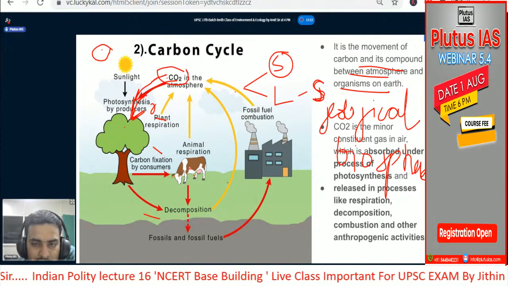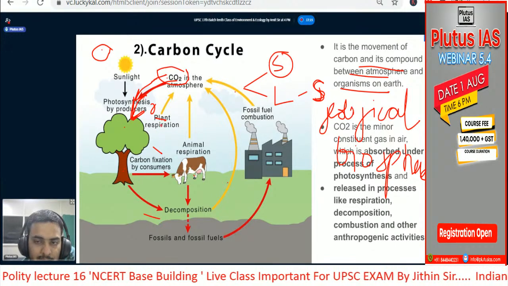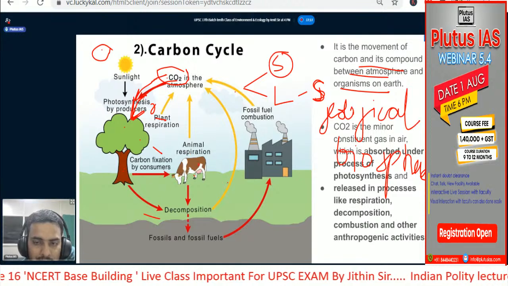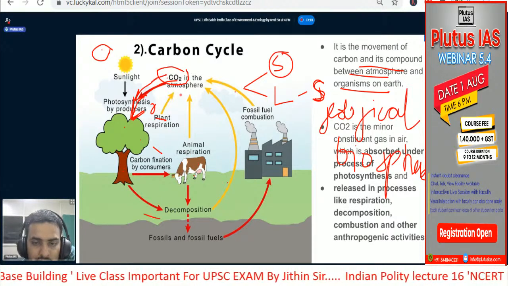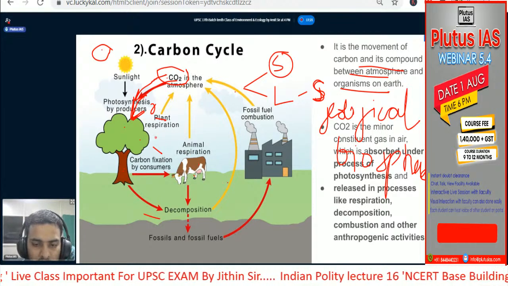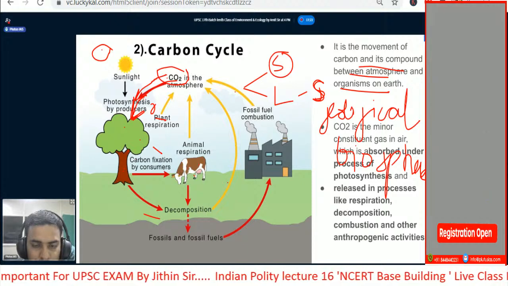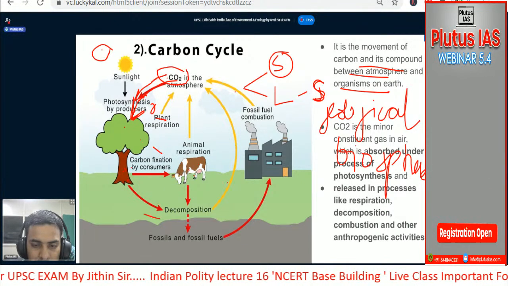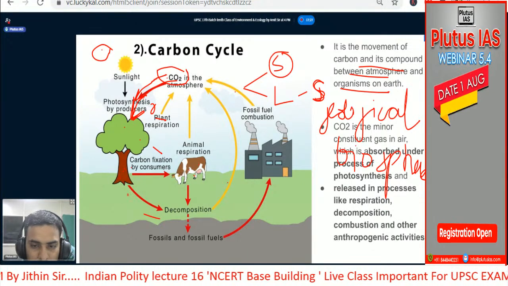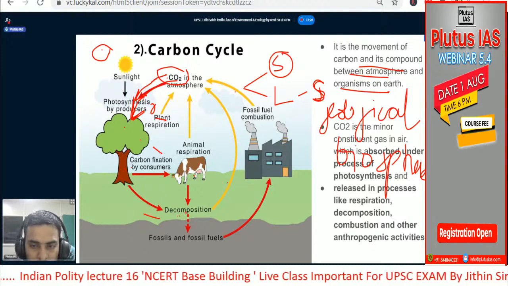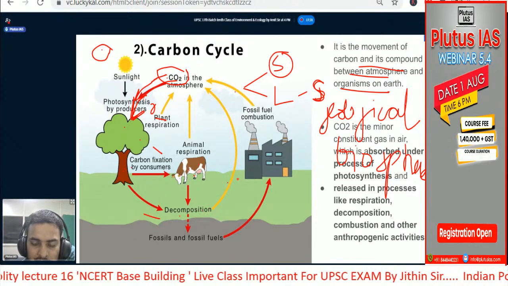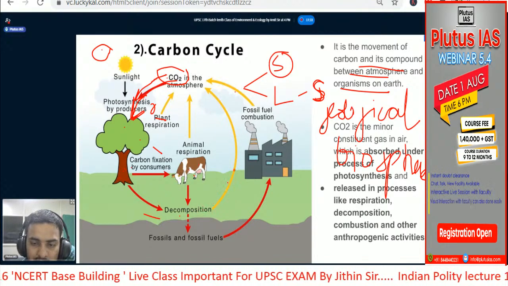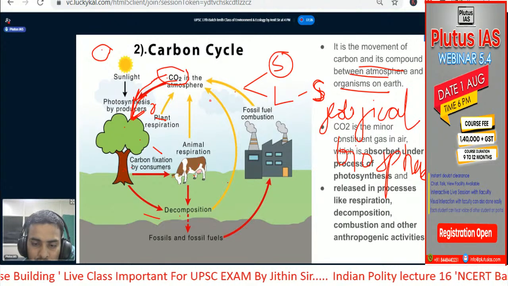Respiration from plants as well as animals releases it into the atmosphere. Then decomposition of plants and animals leads to carbon entering the soil, and with time this carbon is released as CO2 into the atmosphere.